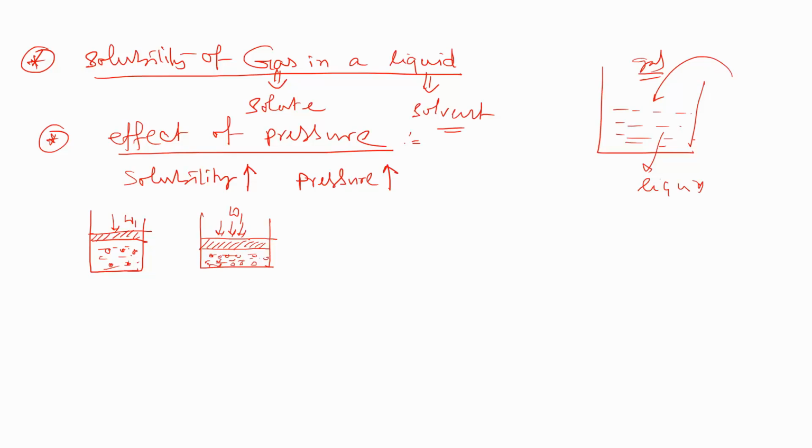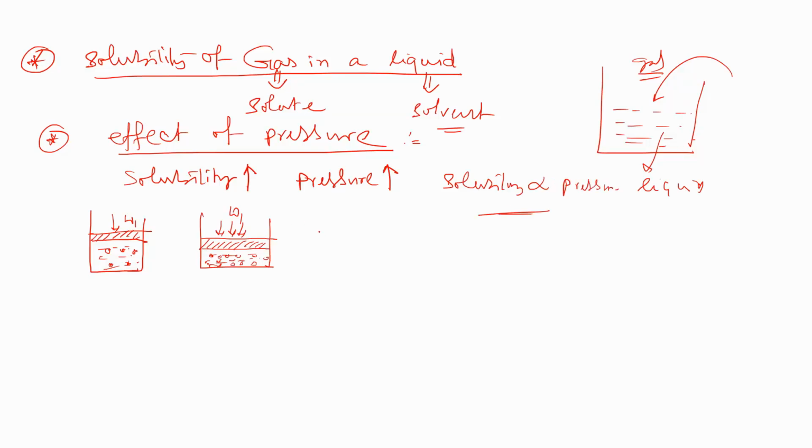So from here, Henry's law came. Henry's law states that the solubility of a gas in a liquid is directly proportional to the partial pressure of the gas present above the surface of the liquid or solution. What does that mean? We can say the solubility is proportional to pressure.